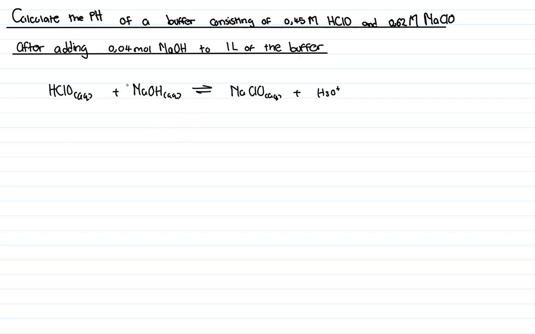But remember, you don't really have to include the sodium because it's a spectator ion, it does not influence our reaction in any way, so we can just remove it. And when we remove it, we must put a negative sign over there to show that this is an ion.